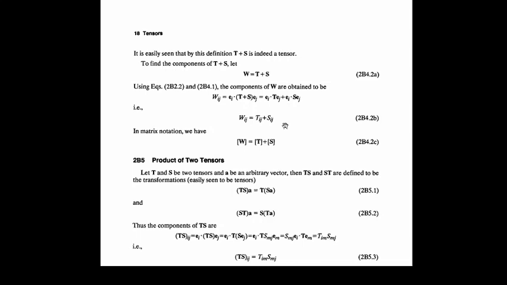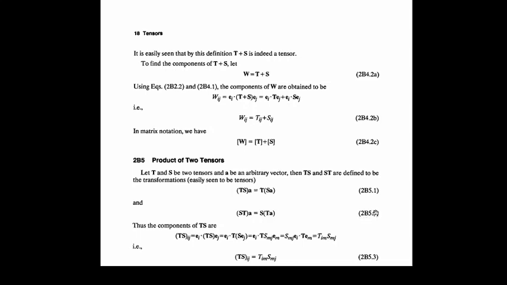Suppose that T and S are two tensors and A is an arbitrary vector. Then the products TS and ST are defined to be the transformations given by equations 2b5.1 and 2b5.2.